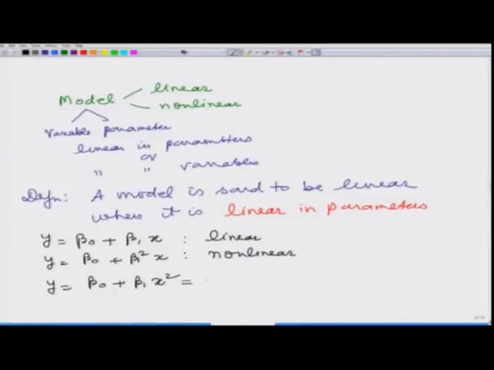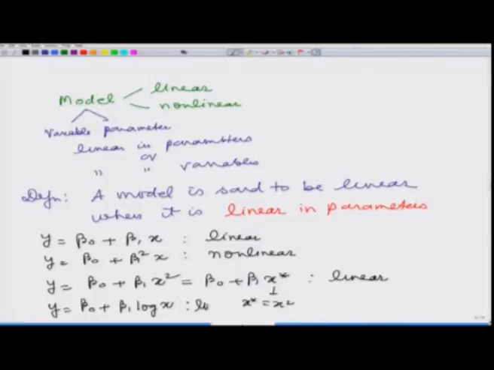I can rewrite this model as beta 0 plus beta 1 x star, where x star is x square. So this is again a linear model. Another example: beta 0 plus beta 1 log of x. This is also a linear model.